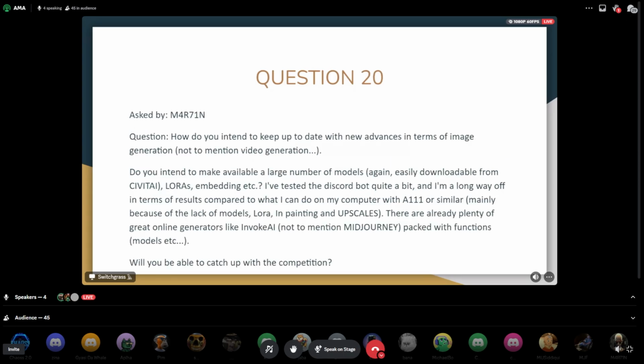Next question's from Martin. How do you intend to keep up to date with new advances in terms of image generation? Not to mention video generation.